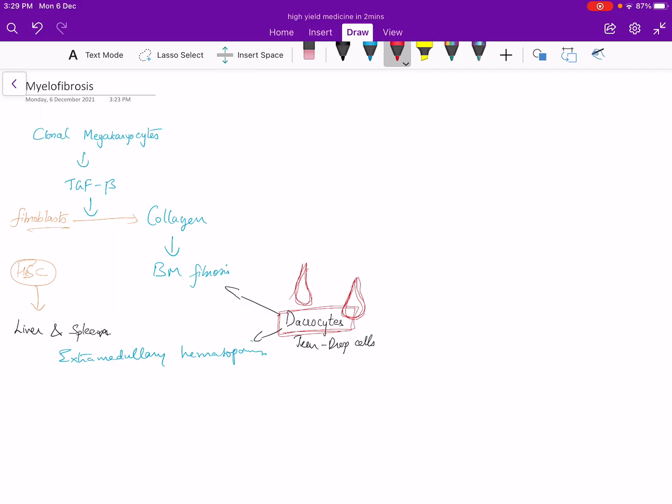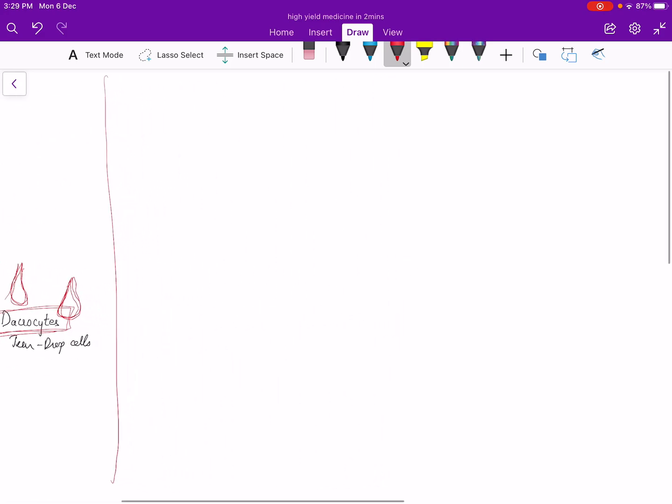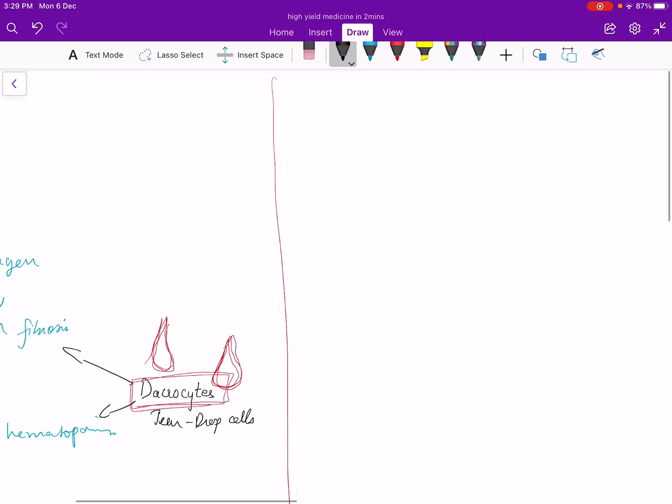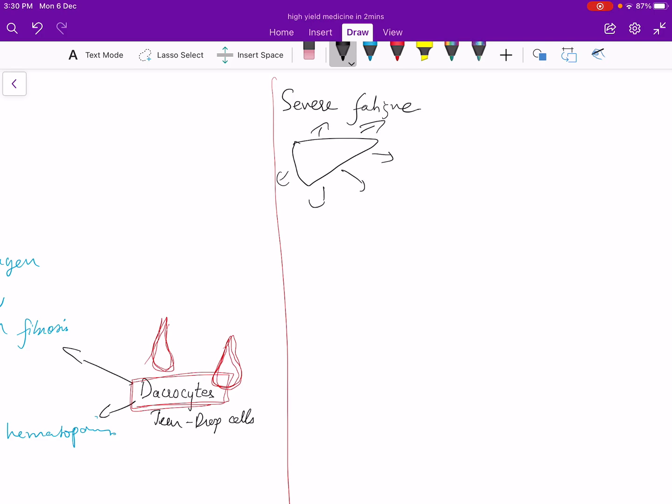Now let's go to the manifestations. What do you see on a clinical level? If we go towards the manifestations, there is severe fatigue, there is hepatomegaly and splenomegaly, because the liver and spleen are now doing the function of the bone marrow, so they have to grow in size.